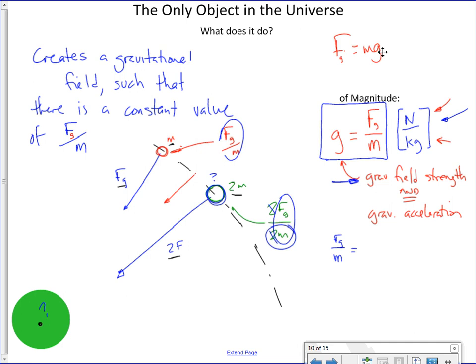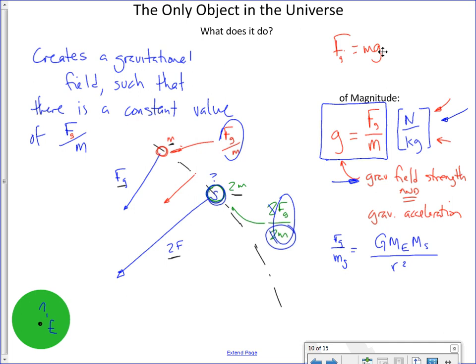So let's say we call this Earth and satellite. If we talk about the gravitational force between Earth and satellite, it's not a G, that's an S for satellite. Well, gravitational force is G, mass of the Earth, mass of the satellite, over the square of the distance between the two.